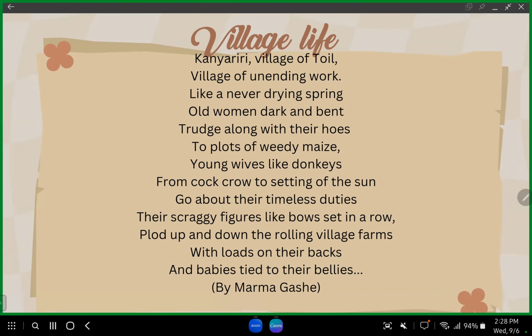Okay. Let me give my opinion on what they might be talking about. Mama Gashi was trying to talk about how in this village, Kanyariri village, there's never-ending work. When you go to a village, I think some of you have seen that there'll always be work for you to do. Whether it's going to the farm or grazing cattle or even harvesting the crops, it's a village of unending work.